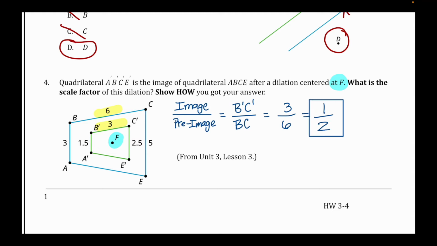Now, if you're comfortable with 1/2 being your answer, great, but you can also check. I like to check, is it greater than or smaller than 1? And is my image greater than or smaller than my pre-image? So 1/2 is less than 1, and the image is smaller.